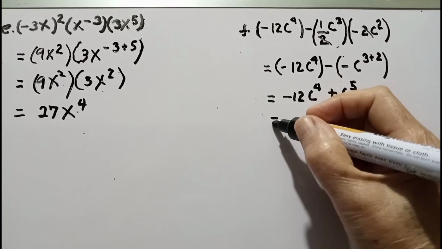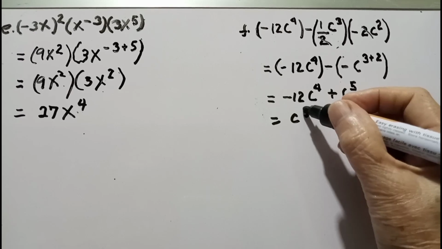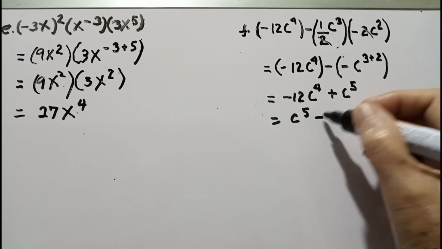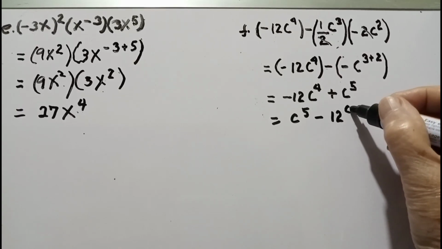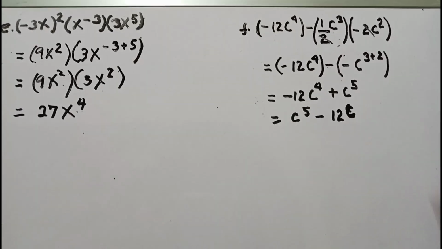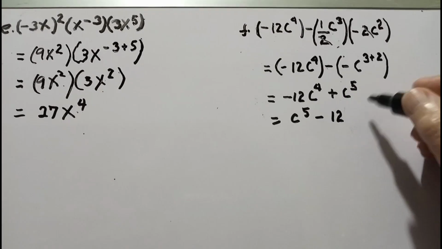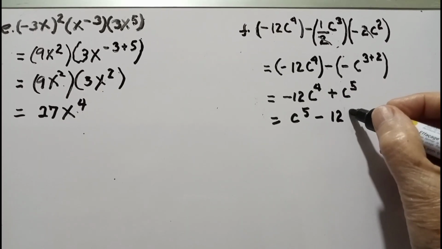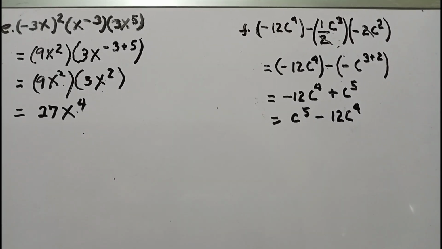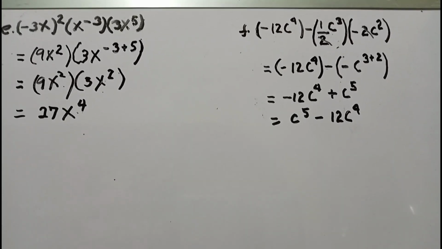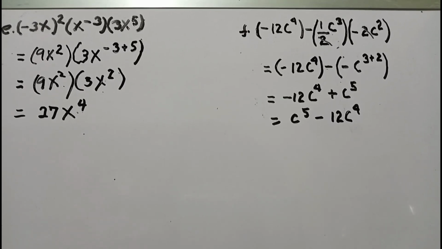So the answer is c to the 5th minus 12c to the 4th.